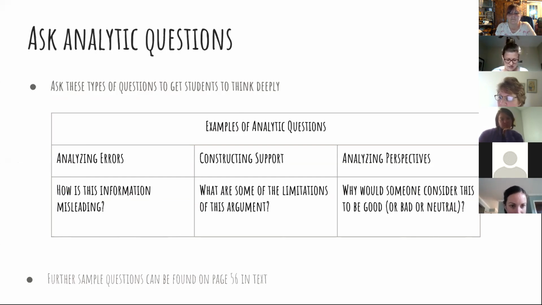The text said that when you're asking a student to analyze errors, it really requires the student to think deeply because they might have to identify the use of faulty logic, a focus on a person rather than the issues, or weak references. So it requires deeper thinking, and that was the point of these types of questions, to get students to engage in a deeper way.